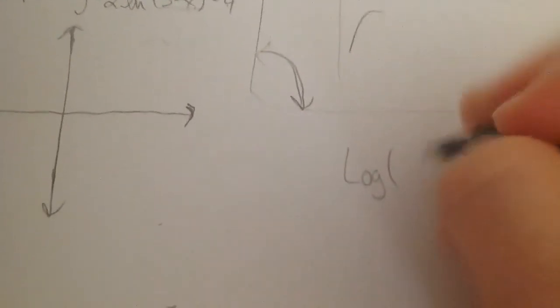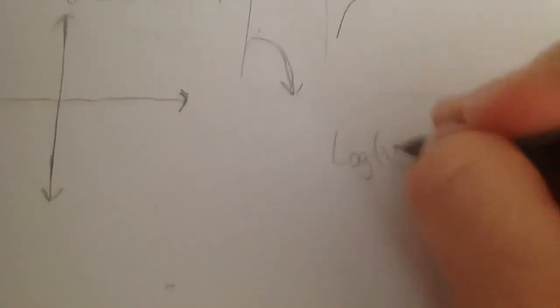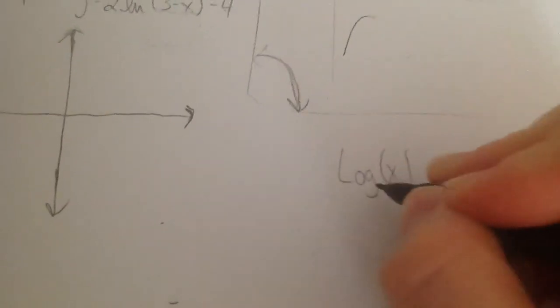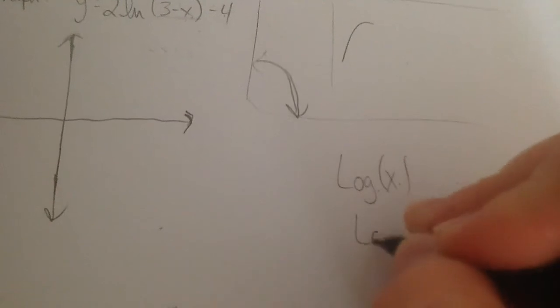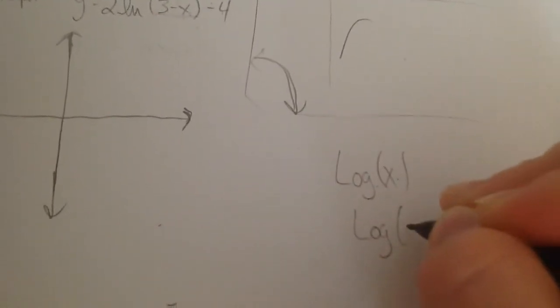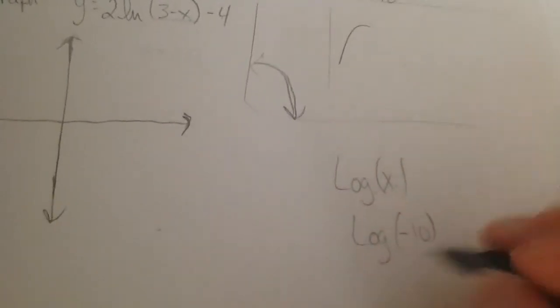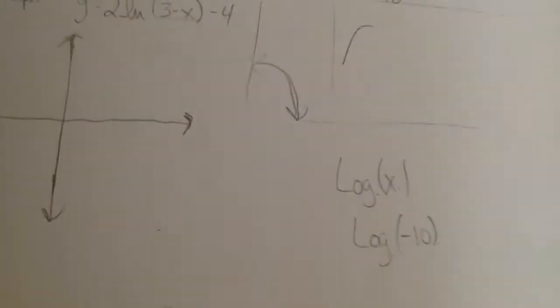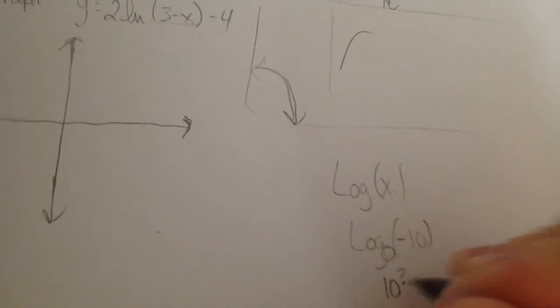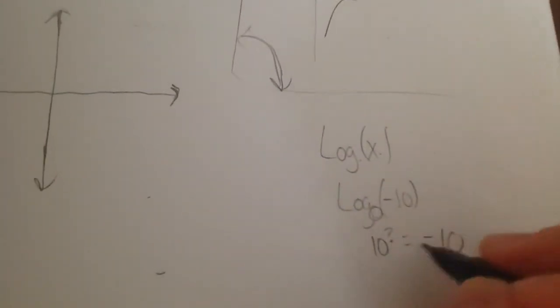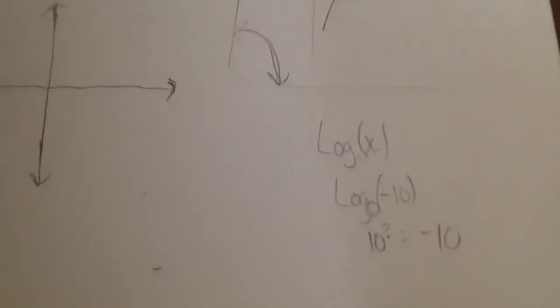Let's say we have log of x. Remember, this means 10 to what power gives me x? I can't have log of negative 10. 10 to what power gives me negative 10? There's nothing. You can't take a positive number, raise it to a power, and get a negative result. Even if the power is negative, that just flips it. It doesn't make the result turn negative.